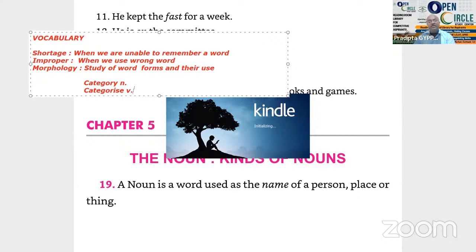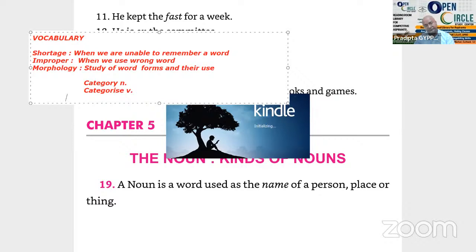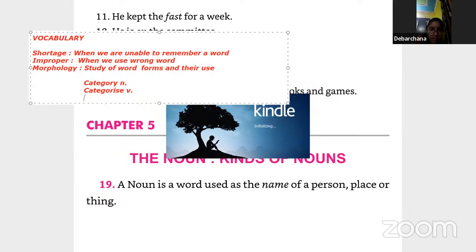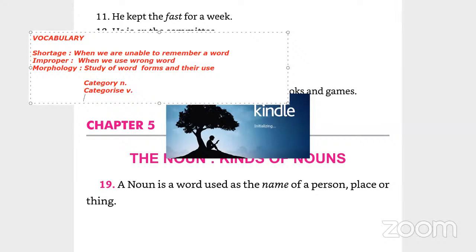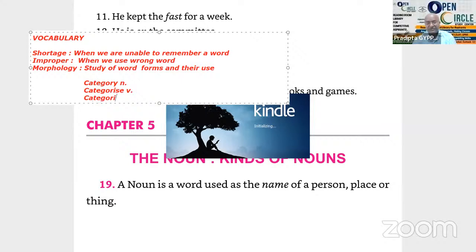Can you tell me what will be the adjective form? Anyone else would like to try? Sir, categorical. Good. Categorical.